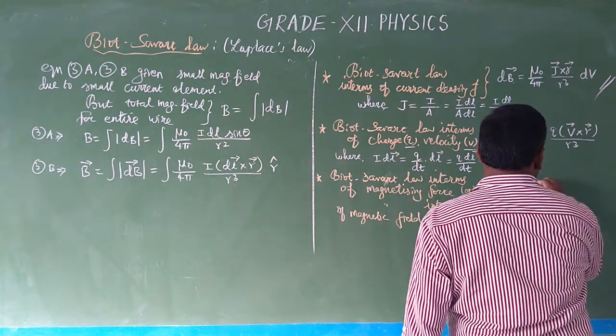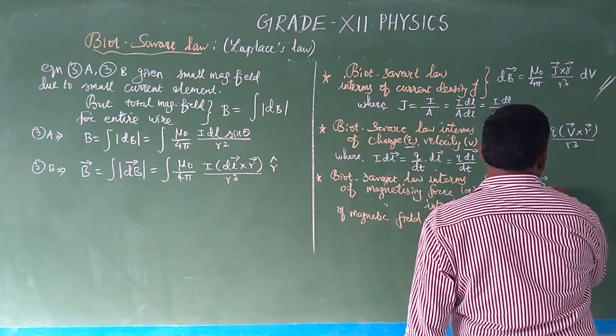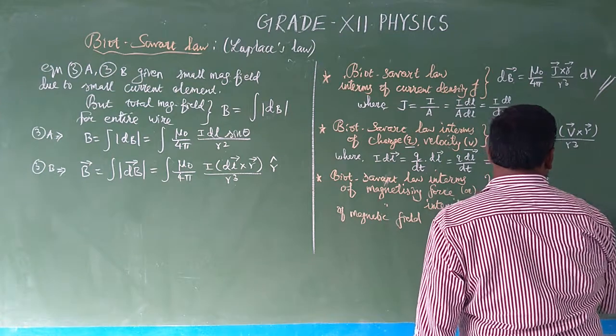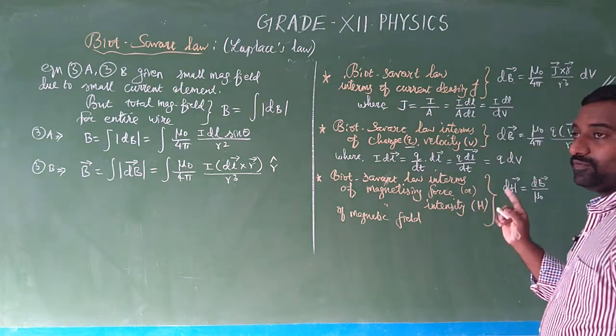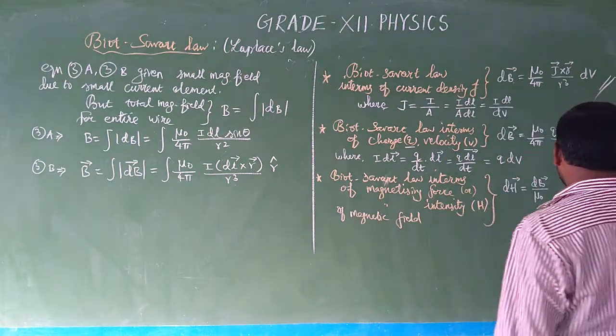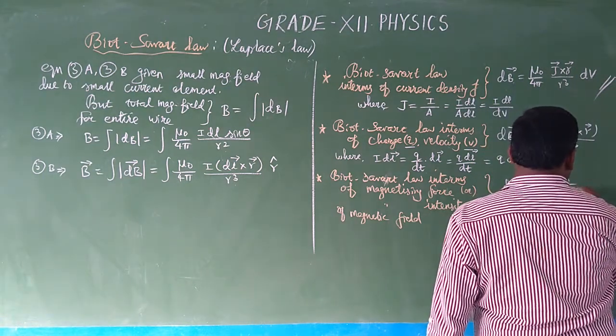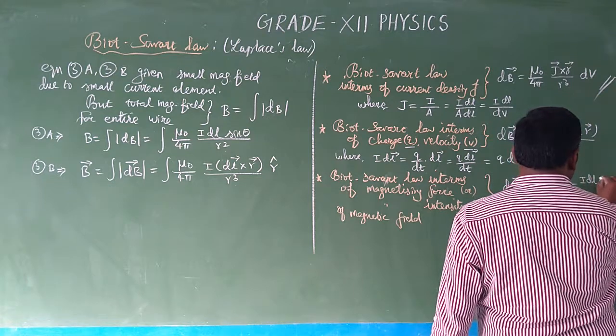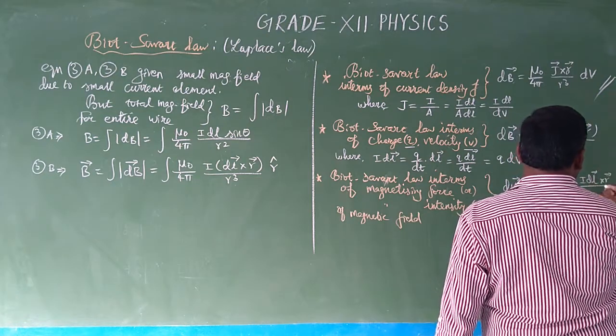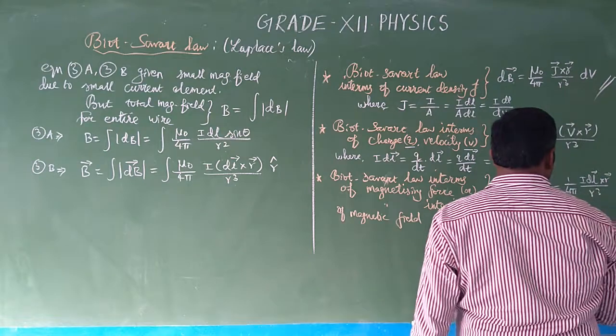dH is equal to dB by mu naught. Because it is in vacuum, the position vector from the current element in vacuum is equal to 1 by 4 pi into Idl cross r vector divided by r cube.